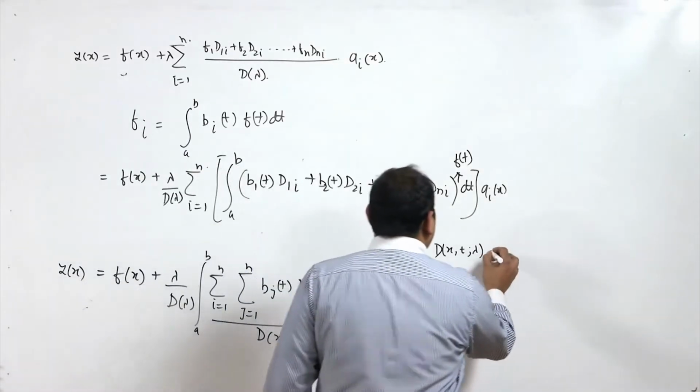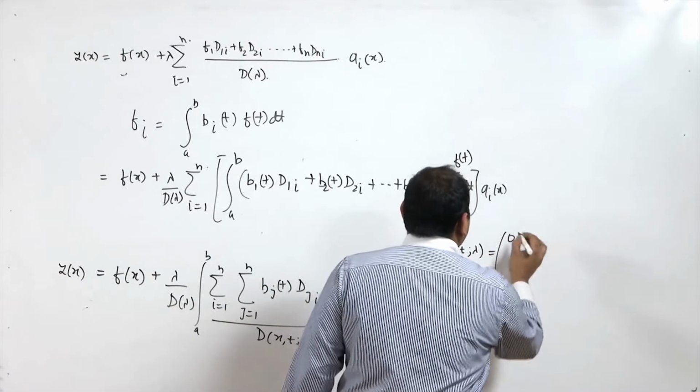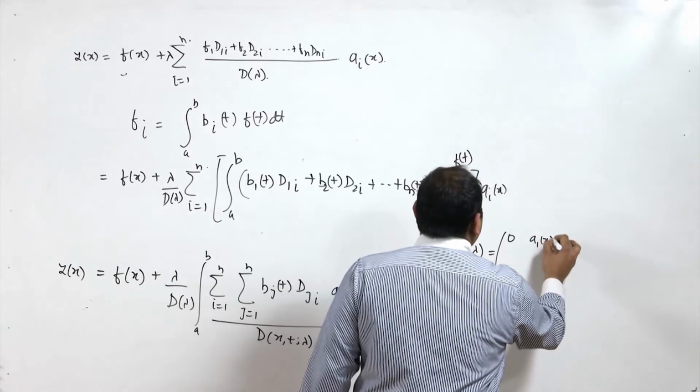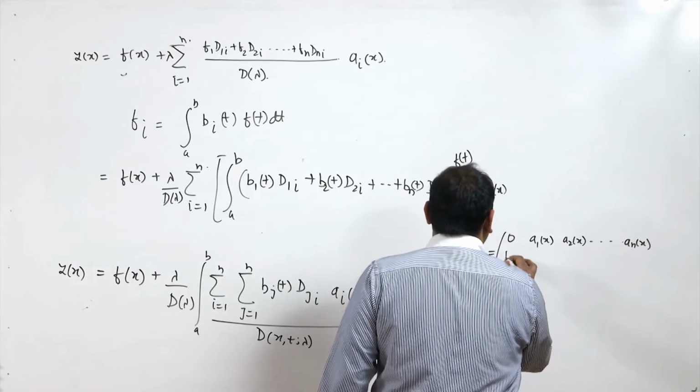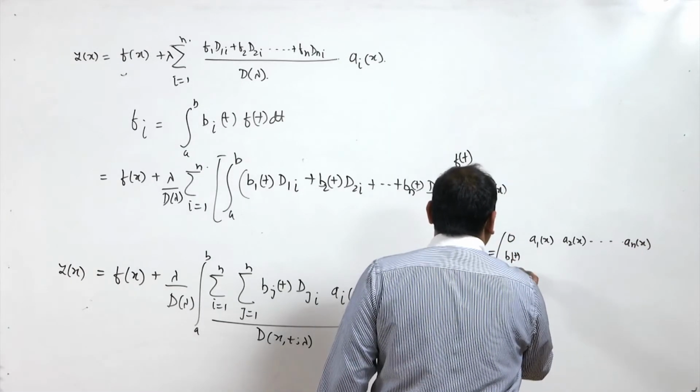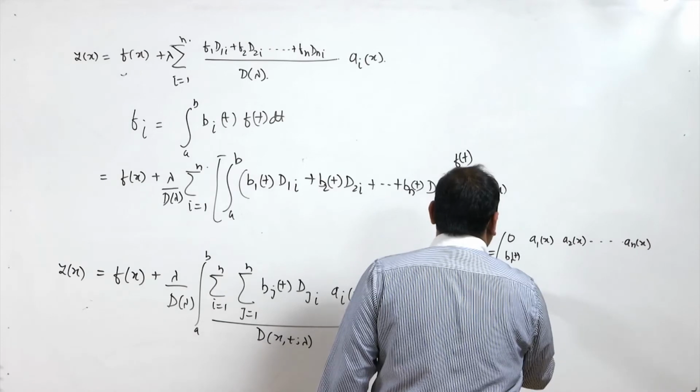So we are defining dxt lambda as 0, a1 x, a2 x, and up to anx, and here we have b1t, b2t, and so on.